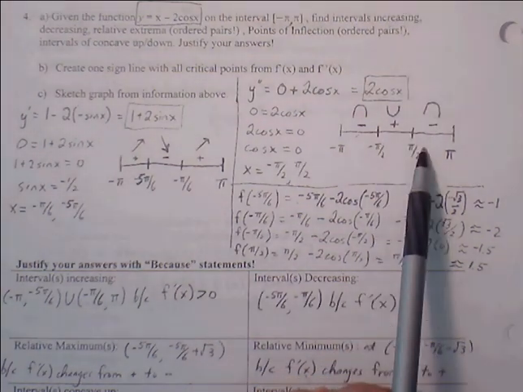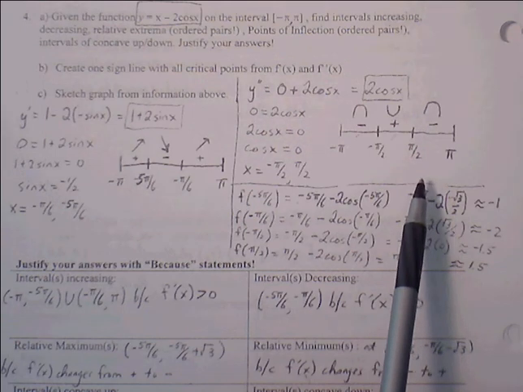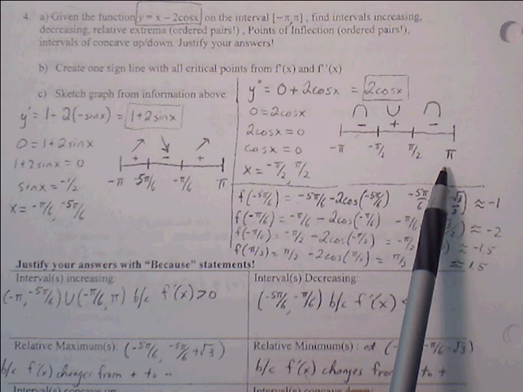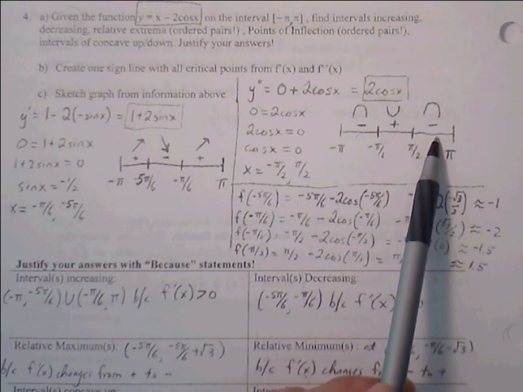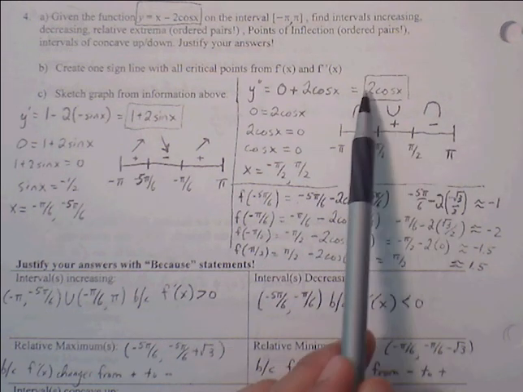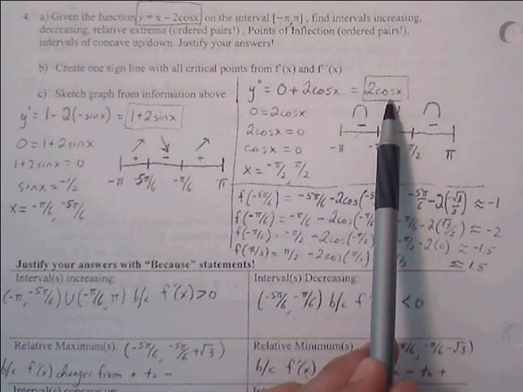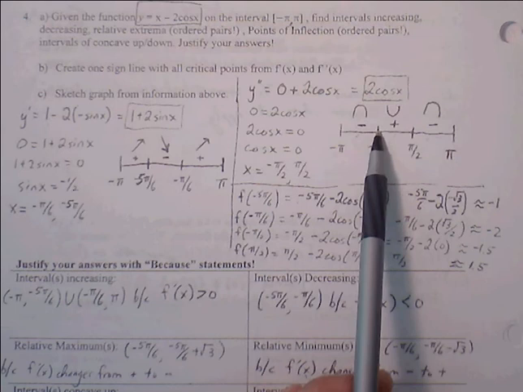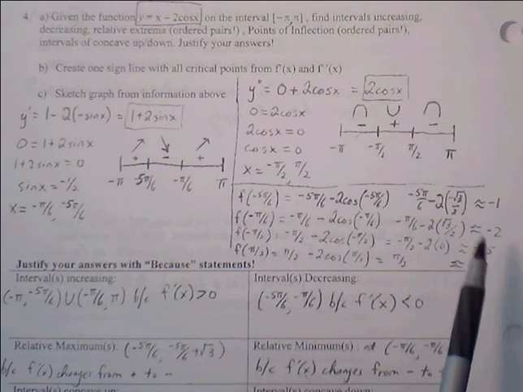And then here, between pi over 2 and pi, we can choose 5 pi over 6 again. In this case, we're going to get a negative value because cosine in the second quadrant will be negative. So in this interval we have concave down, concave up, and concave down.